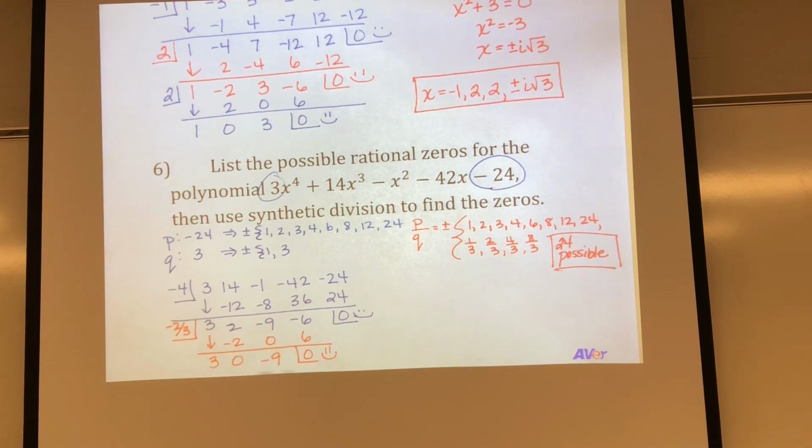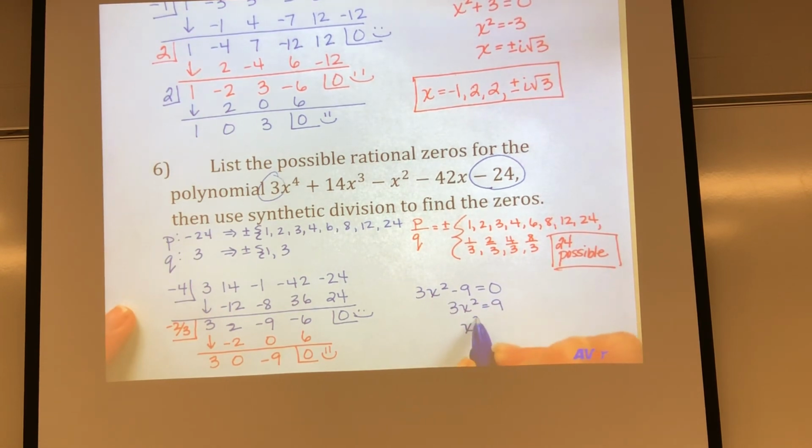All right, so these coefficients are for a quadratic, so we would have 3x² minus 9 equals 0. And then we're going to solve that. So 3x² equals 9, x² equals 3, so x equals positive and negative radical 3.